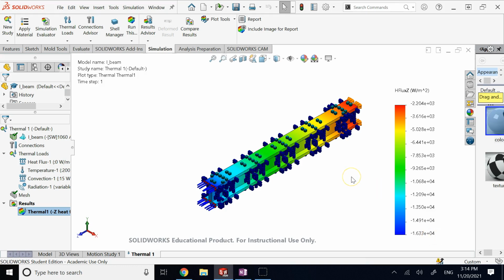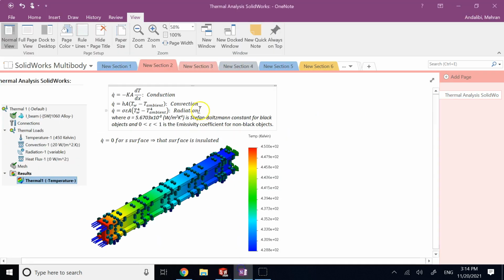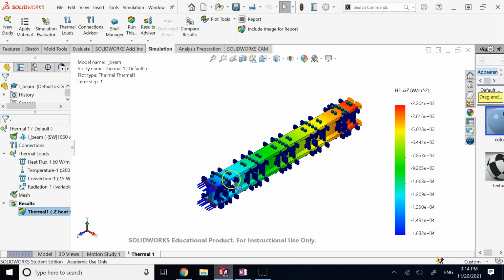16,000 is the heat flux, and the heat flux is much bigger in terms of magnitude here in the beginning than toward the end, because here the temperatures are higher, and when you raise the temperatures to the power 4, it means the heat flux and the heat loss due to radiation is much bigger in the beginning compared to the end.